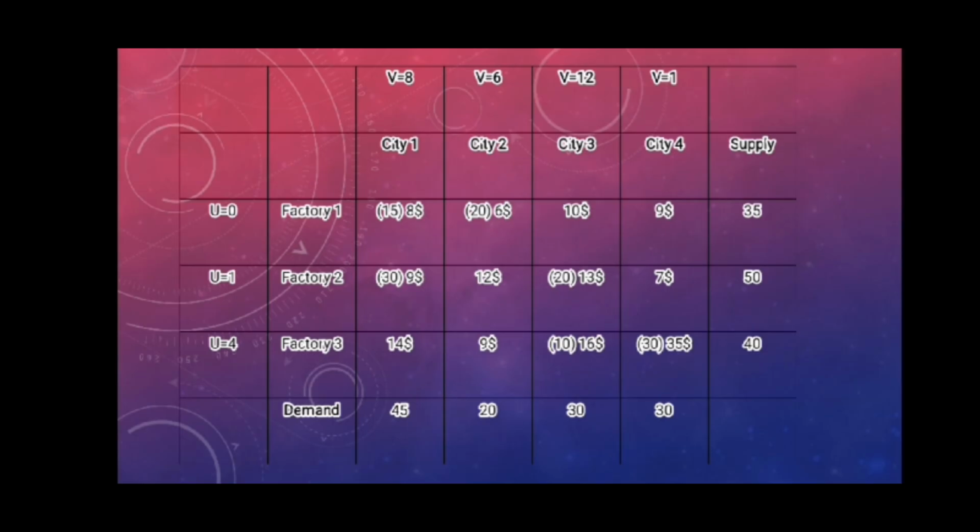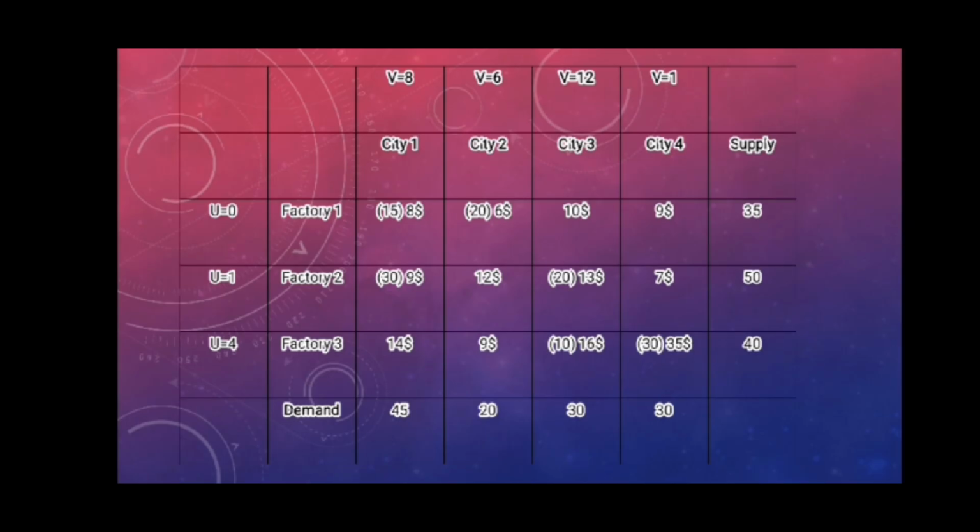The next allocated cell has a shipping cost of 9, and since V1 is equal to 8, 8 plus 1 equals 9, so our U2 is equal to 1.